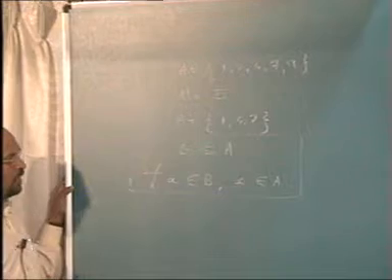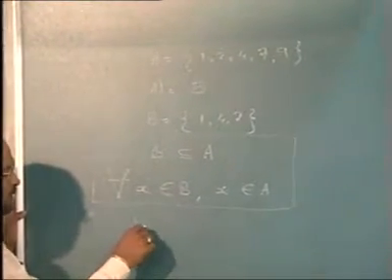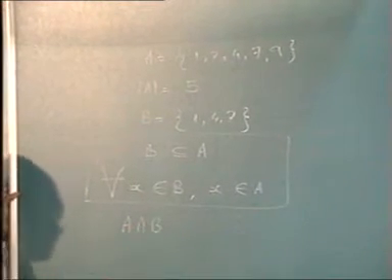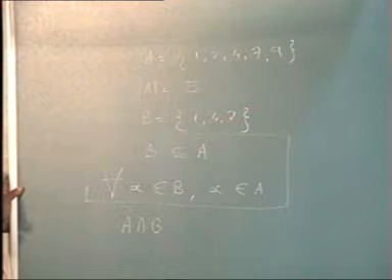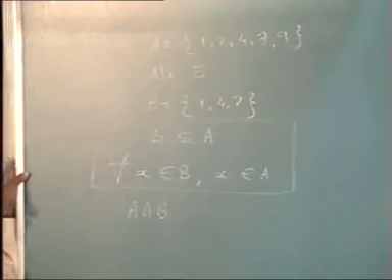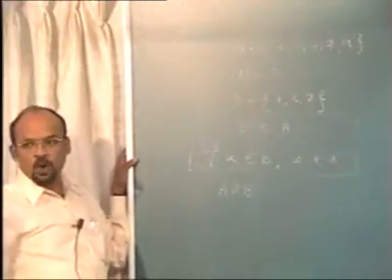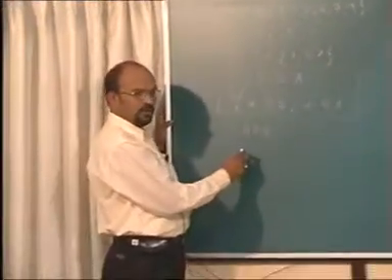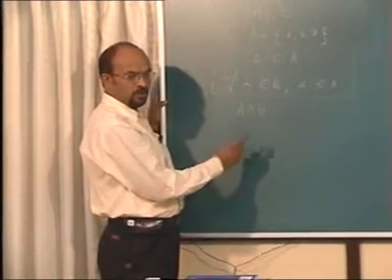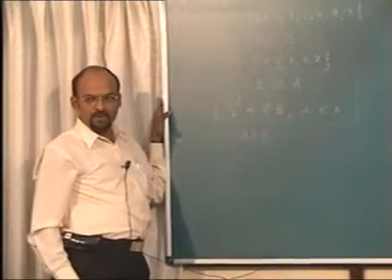Right? Then you must also have learned something called the intersection of two sets. What do you mean by intersection? The elements which are common. In notation, will it be written in the 'for every' form?